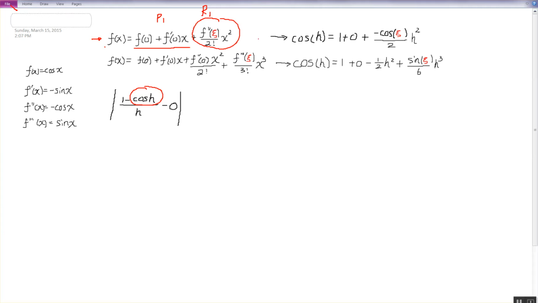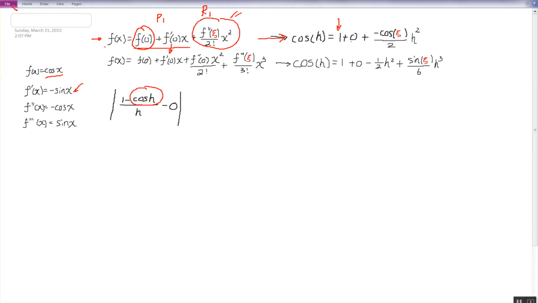Now, in terms of cosine, cosine h is f of 0, which means cosine of 0. Cosine of 0 is 1. That's why we get the 1 right here. And f prime is negative sine, so f prime of 0, sine 0, is 0. So the next term will be 0.